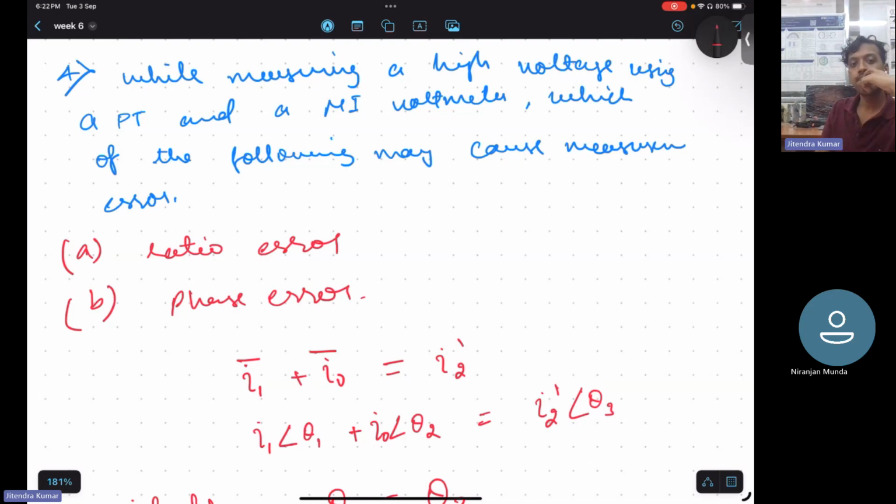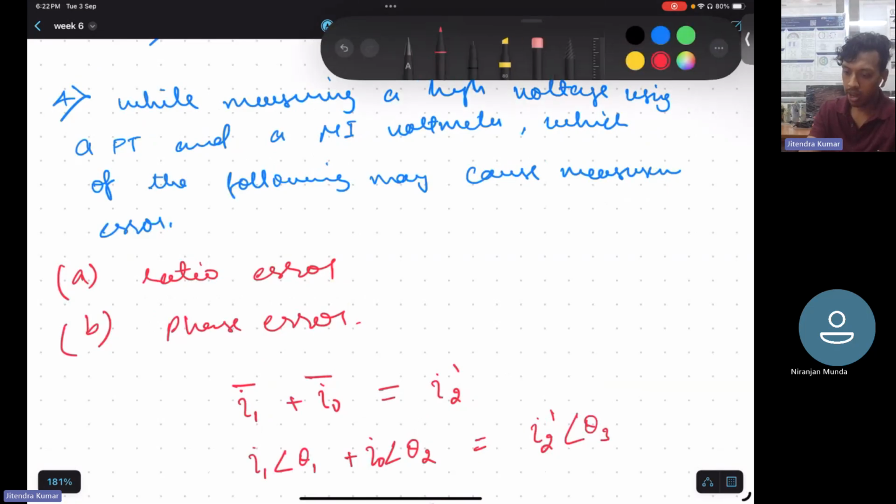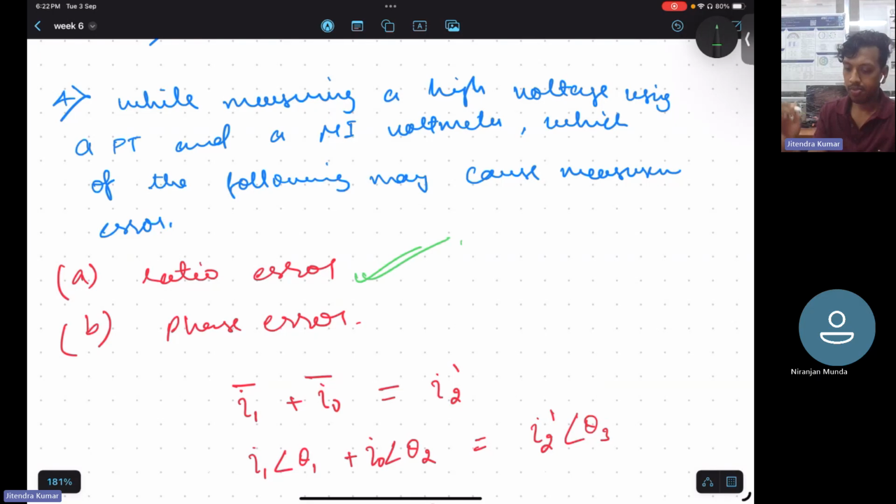So that is why the correct option for this question is ratio error, right? Yes, sir. Okay. So let us move on to the next part. So the next part is mostly related to flip-flops and latches.